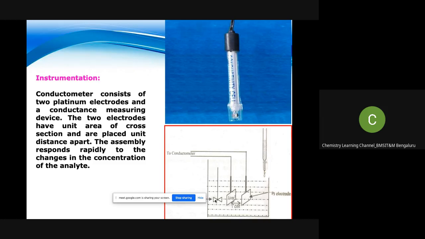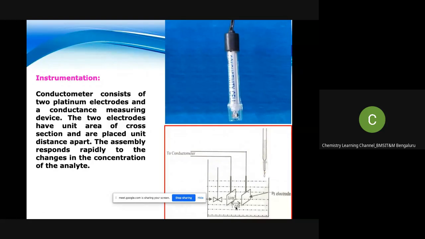So in the beaker, I'm going to take the HCl solution, dip the stirrer, immerse the electrode, that is the conductivity cell, and in the microburette, I'll take NaOH. So NaOH is taken in the burette, HCl is taken in the beaker. Now what do you do?